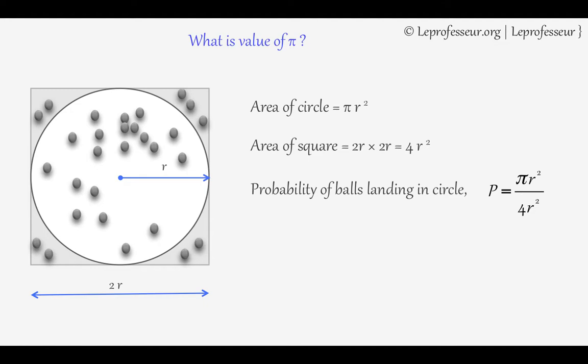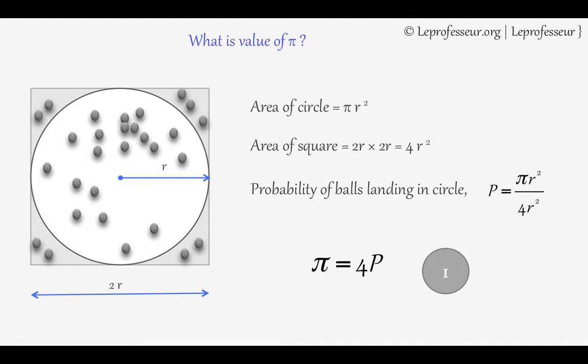That probability would be equal to the area of the circle divided by the area of the square. And bingo, as soon as I get this probability, I can make use of this formula and get the value of pi, which would be 4 times the probability.